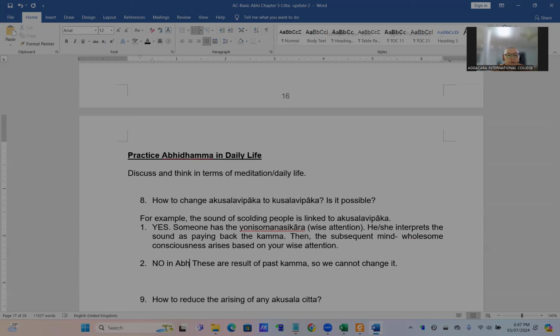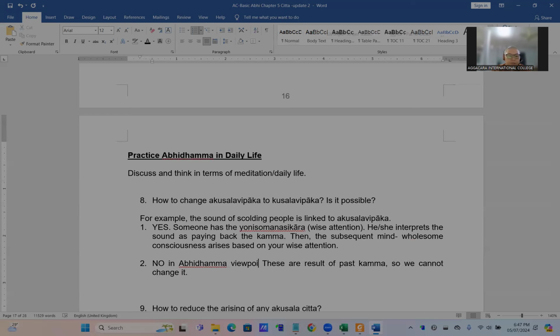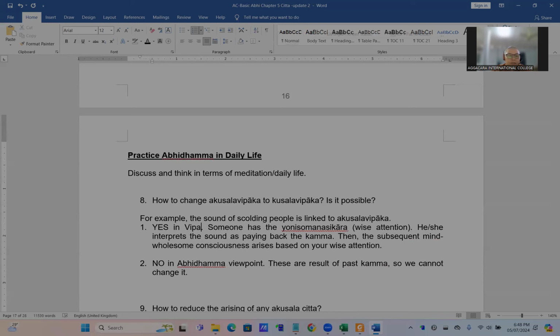So when we learn things, we have to see two points. One is the Abhidhamma viewpoint, where the answer is no, and the other may be the Vipassana viewpoint, where it is yes. In the Abhidhamma viewpoint, we cannot change it because it's considered fixed already.